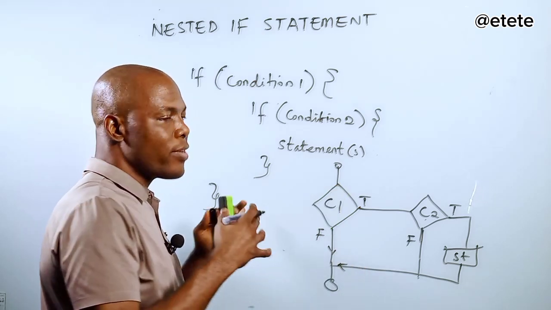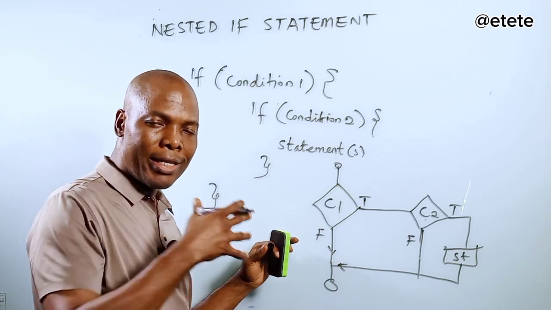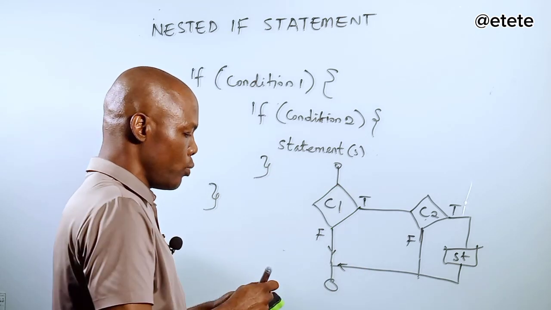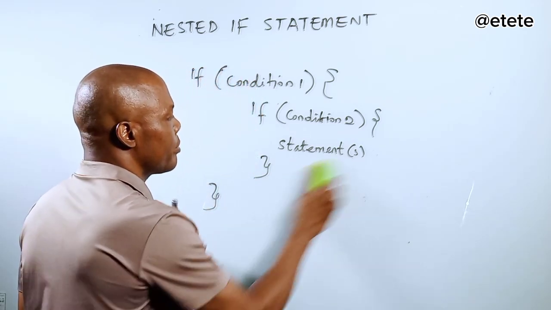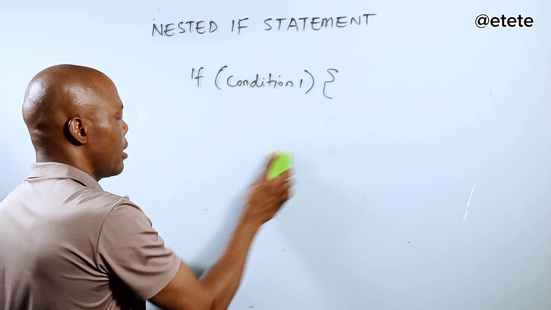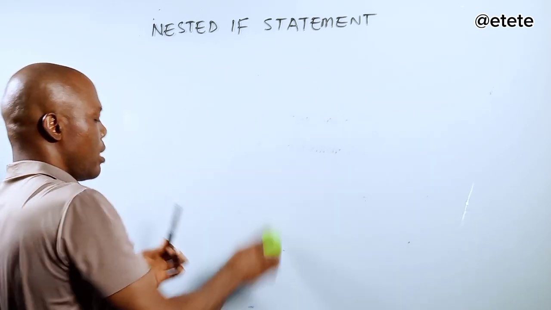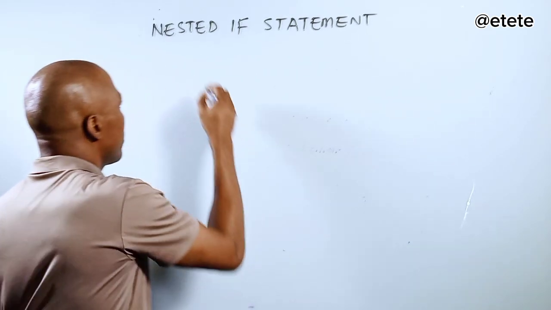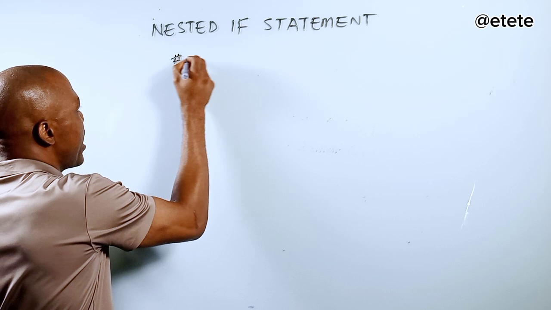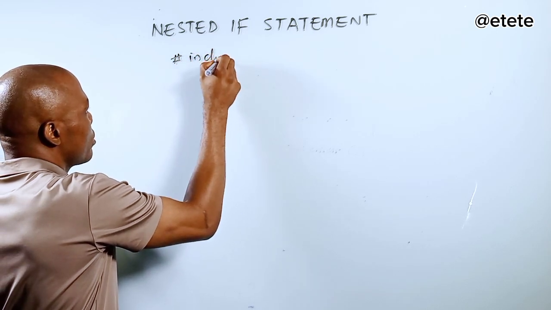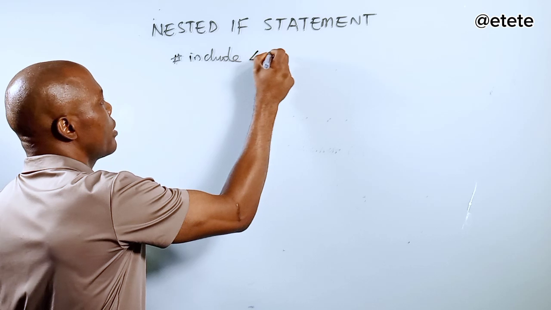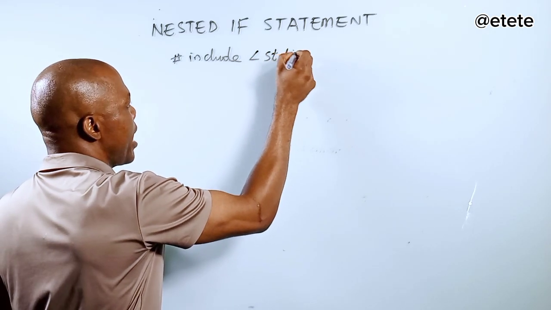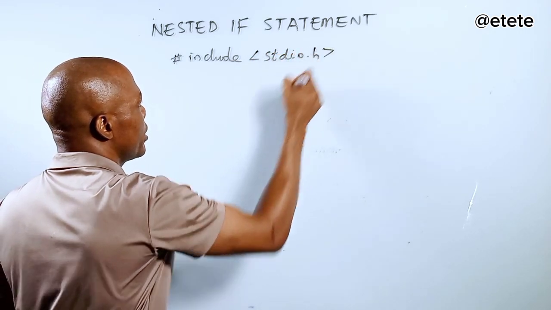So let's write the program illustrating the three concepts that I just told you, which is the concept of the spirit, the soul, and the body. Okay. So I will say hash include, my followers already know this, include stdio.h.